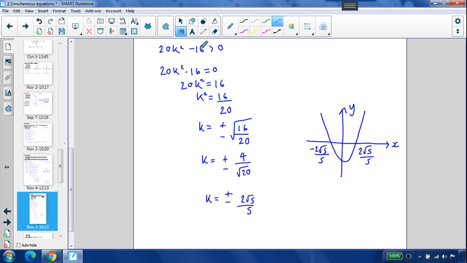Now I want greater than 0, so it's going to be these values and these values. So my answer is going to be k is less than minus 2 root 5 over 5, or k is greater than 2 root 5 over 5.